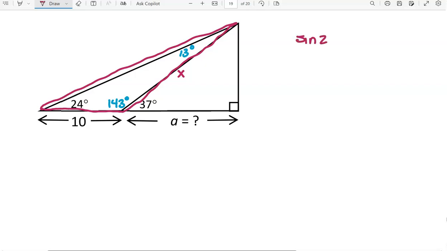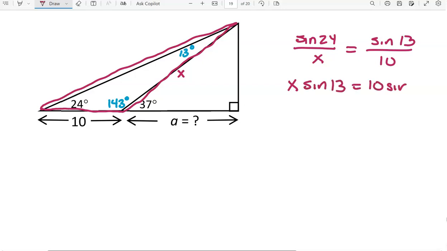Sine of 24 degrees divided by x is equal to the sine of 13 degrees divided by 10. Cross multiplying, x times the sine of 13 equals 10 times the sine of 24. And so x is equal to 10 times the sine of 24 divided by the sine of 13.